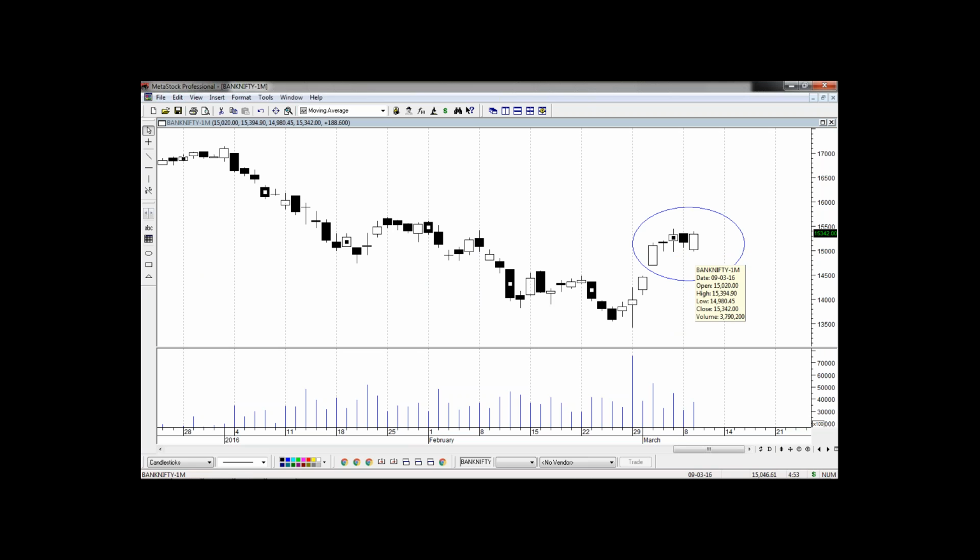The high of this candle was somewhere around 15394. So I placed my sell point somewhere near 15300. I put in a sell at 15300.